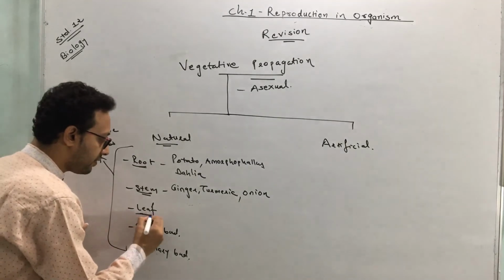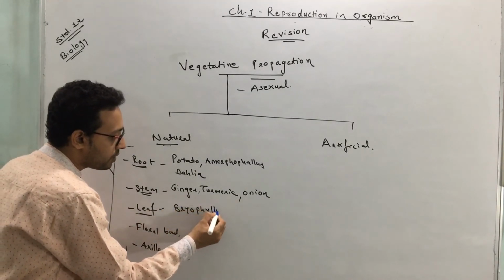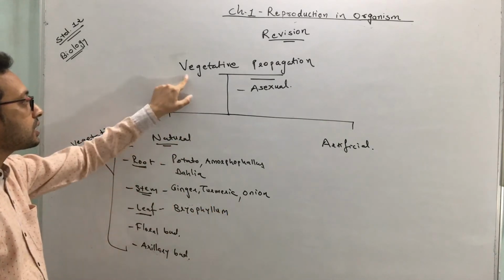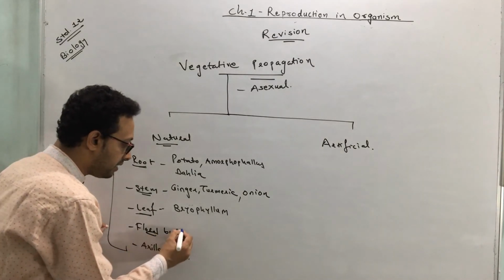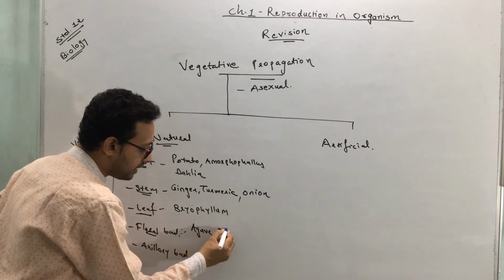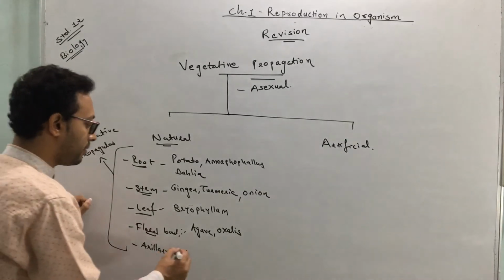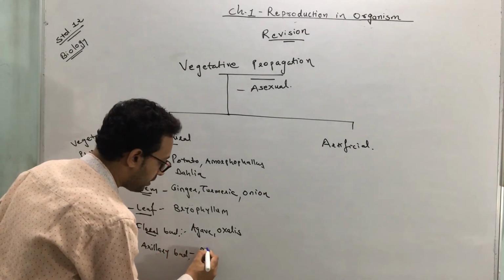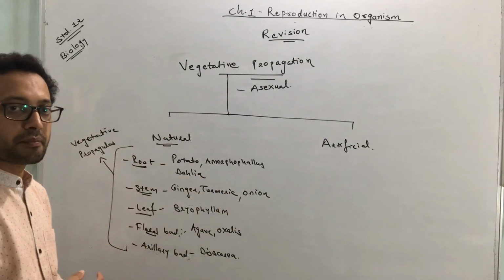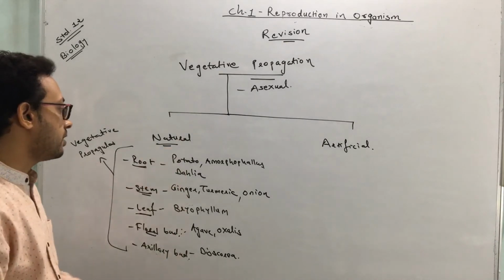Some use a leaf, like Bryophyllum, which uses the buds present in the margin of the leaf to reproduce vegetatively. The floral bud, for example, Agave and Oxalis, is utilized to reproduce vegetatively, and for the axillary bud, the example is Dioscorea. So this is called vegetative propagation, which happens naturally.